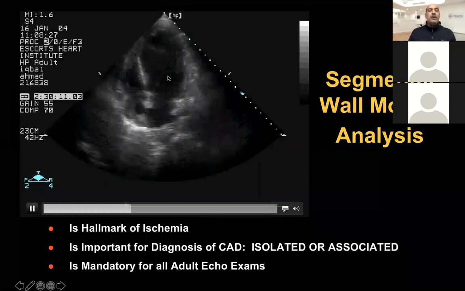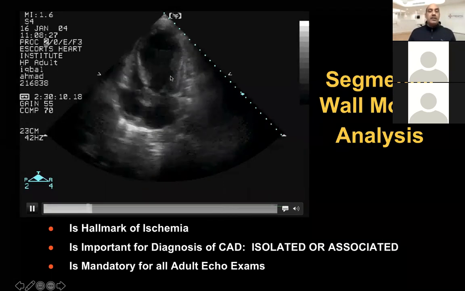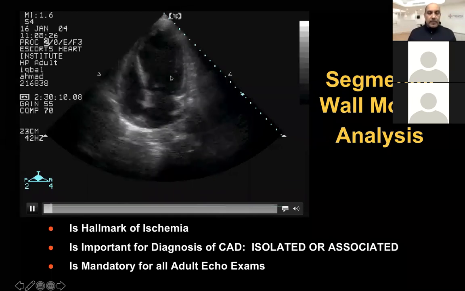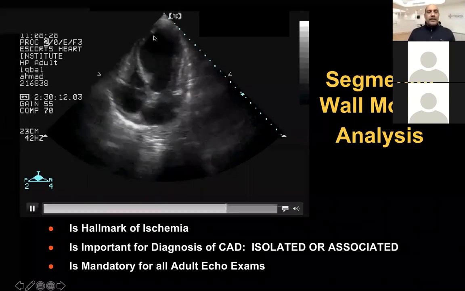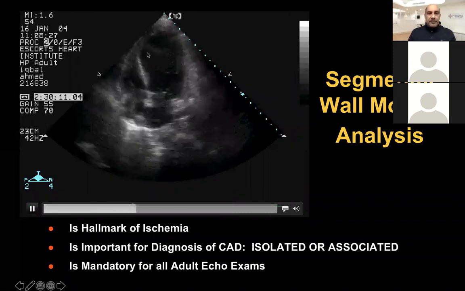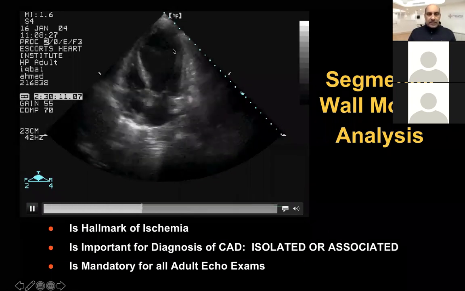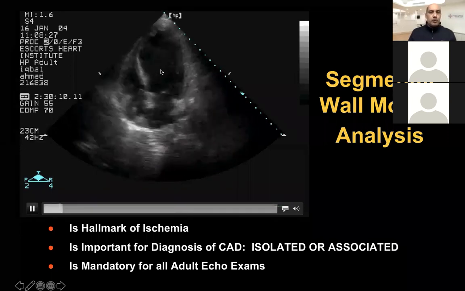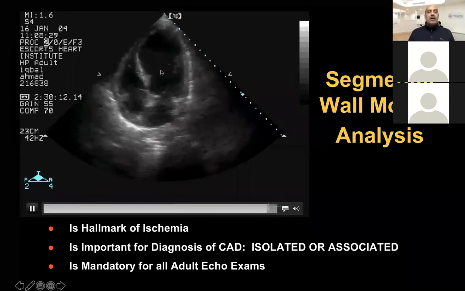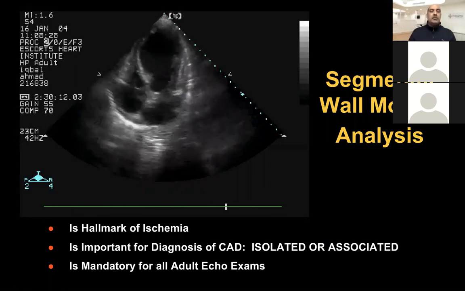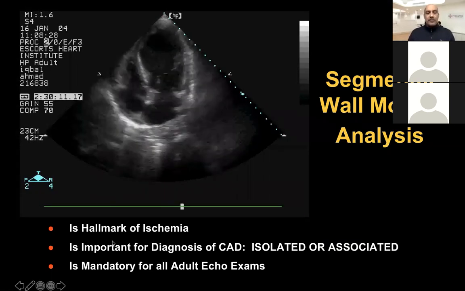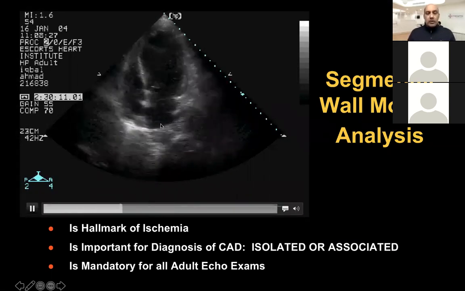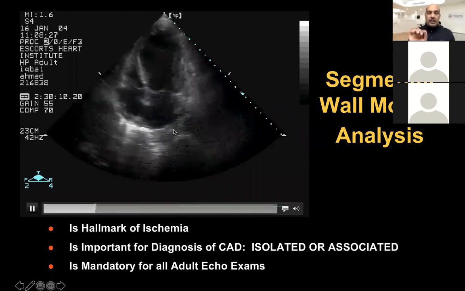And this we call segmental or regional wall motion abnormality. For all practical purposes, whenever we find a situation like this, that there are certain regions which are not contracting well, the first diagnosis which comes to mind is occlusion in one of the coronary arteries. So this is the hallmark of ischemia, and it is diagnostic of coronary artery disease until and unless proved otherwise.